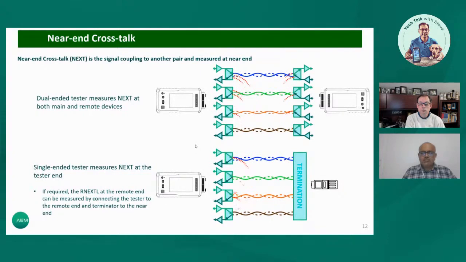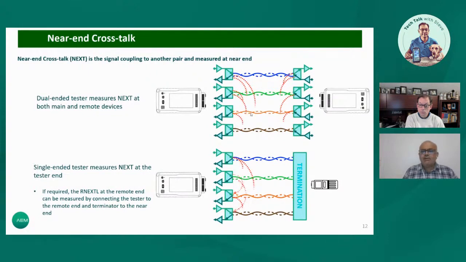Crosstalk is a near end measurement. Specifically, near end crosstalk is the measurement of signal transmitted on one pair of the cable under test, leaking into the second, basically unwanted signal that is coupling to other pairs of the same cable at the near end, right?